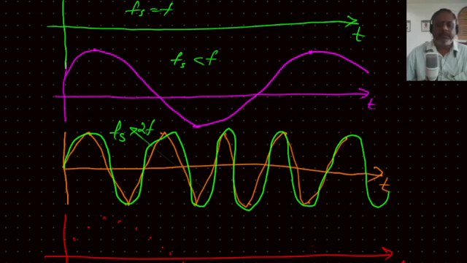This one I am not drawing to scale; what we are trying to understand is that the more samples you have in one cycle, the better approximation you can have for that particular signal.